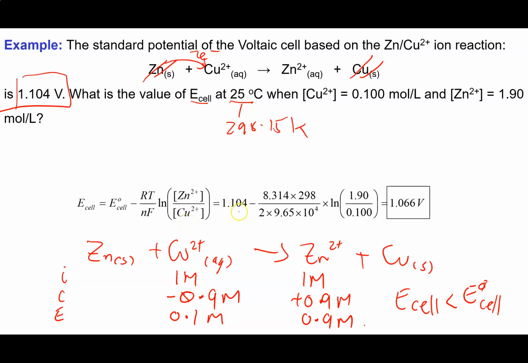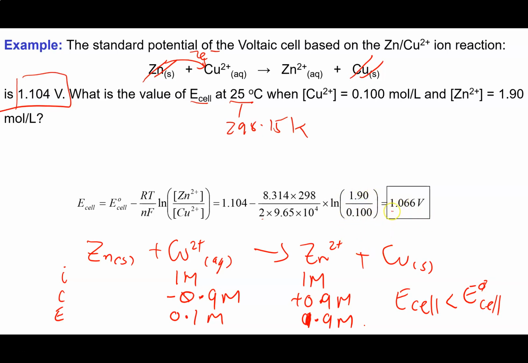So 1.104, our standard cell potential, minus R, 8.314, multiplied by T, 298, divided by NF. N is 2, F is Faraday's constant, 9.65 times 10 to the 4, multiplied by log of our reaction quotient, log of 1.9 being the concentration of our zinc 2+ ions, and then 0.1 being the concentration of our copper 2+ ions.